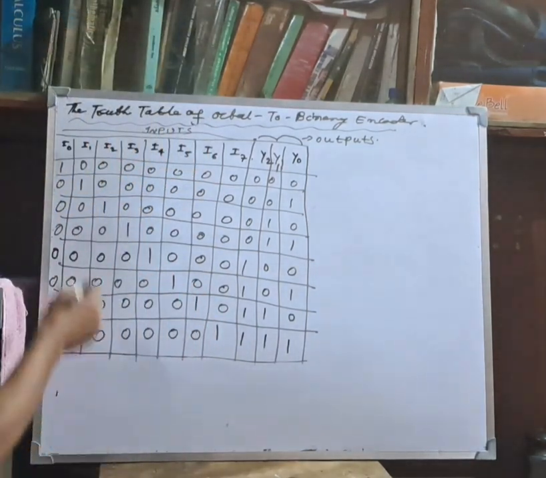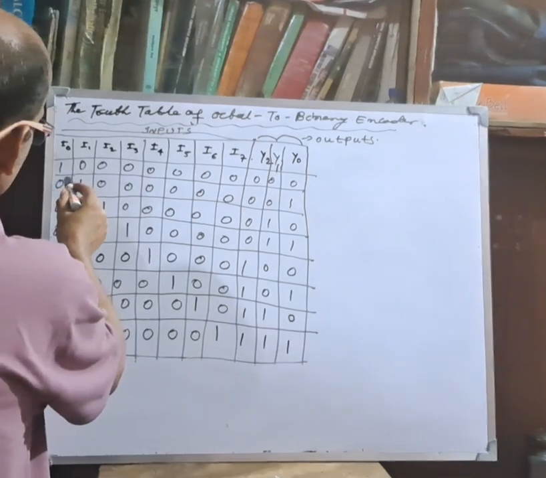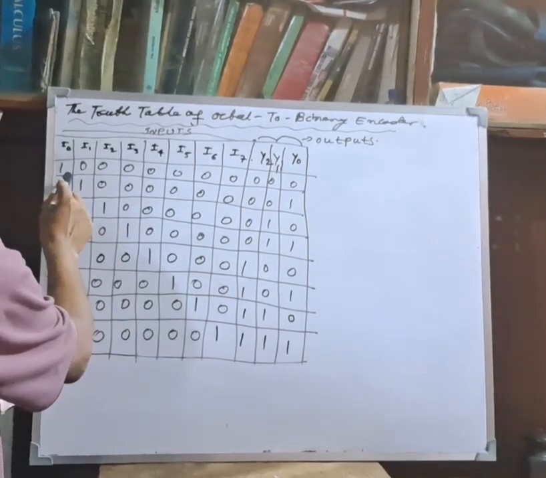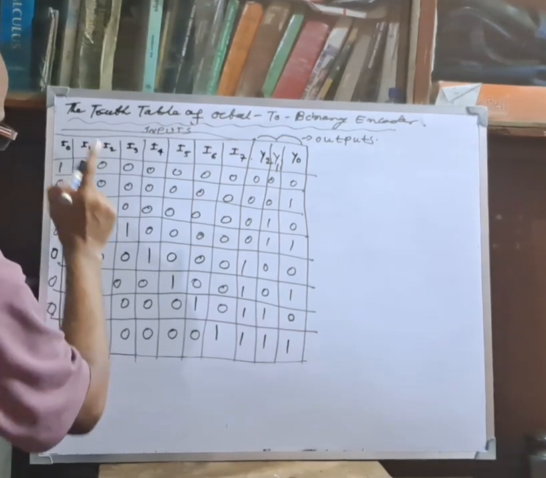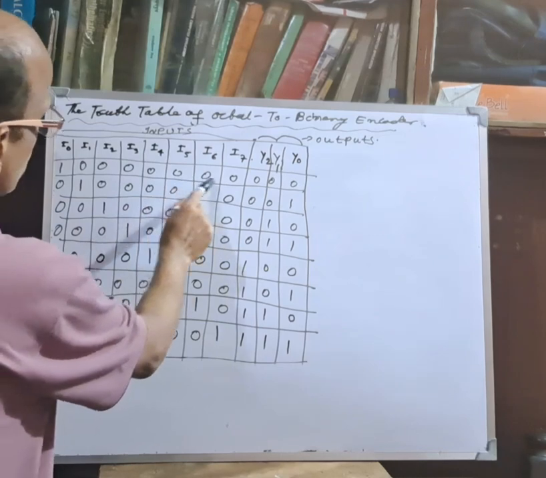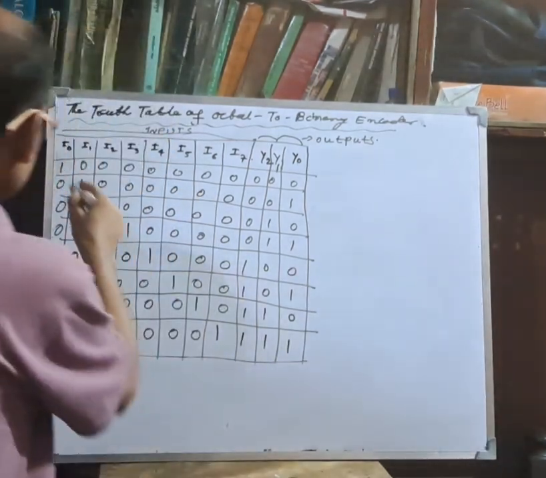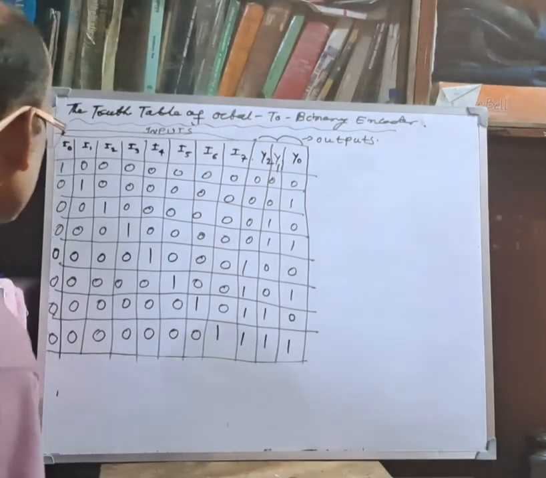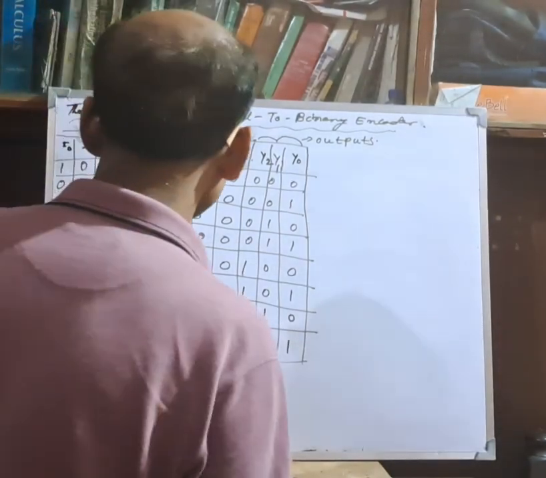Okay, so that is why I mentioned here, at one time one will be high. Only one input value will be high, and rest all inputs become low. So in this sequence, it has been drawn.